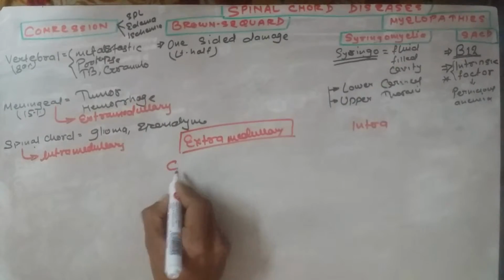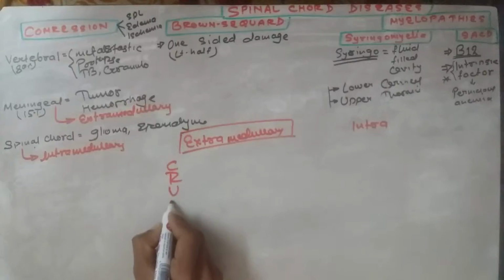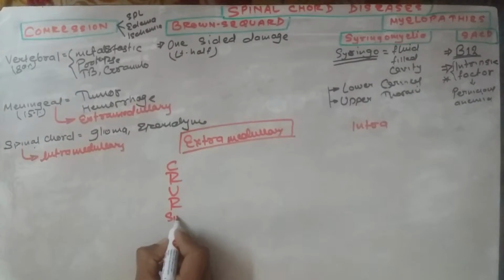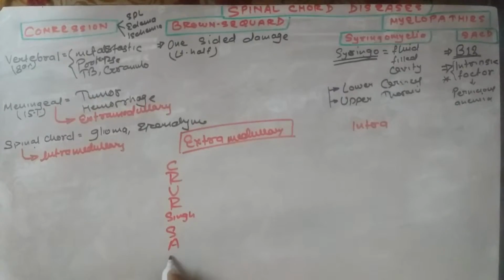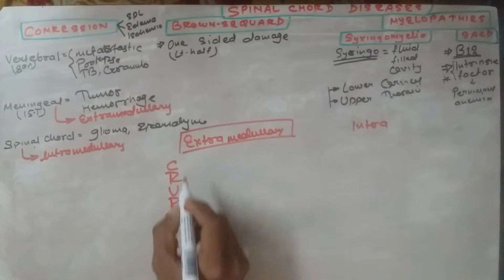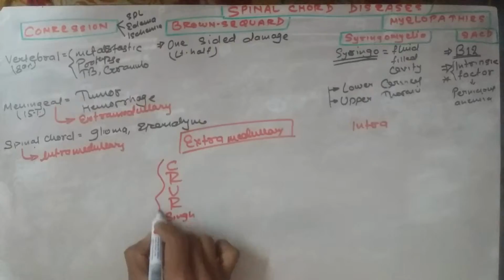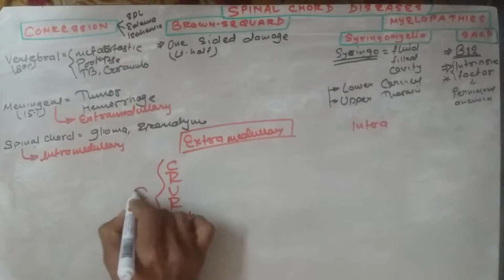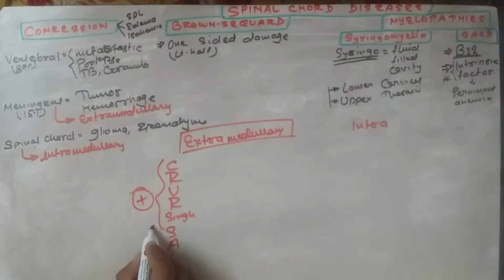We can remember it by CRUR, C-R-U-R, and SALT, S-A-L-T. The CRUR findings are positive in extramedullary and the SALT portion is negative in extramedullary.